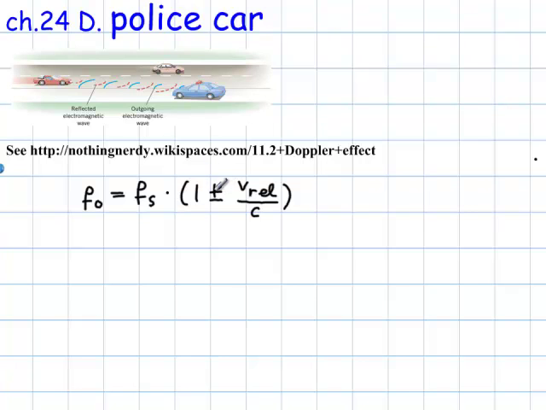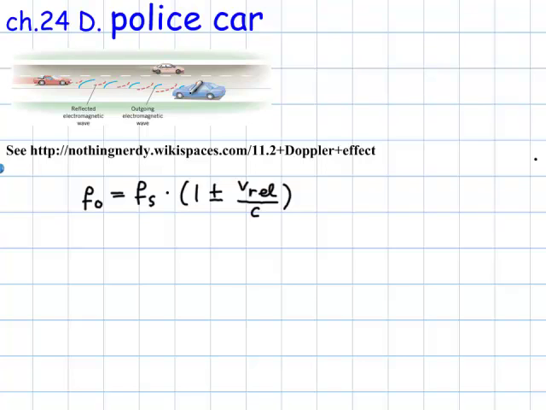Okay, that would mean that the observer's frequency becomes larger than the source frequency, and that would make sense if the two are closing in on each other, where the sent out wave is being squeezed towards the other car, and then when it bounces back it's also being squeezed because they get closer to each other.